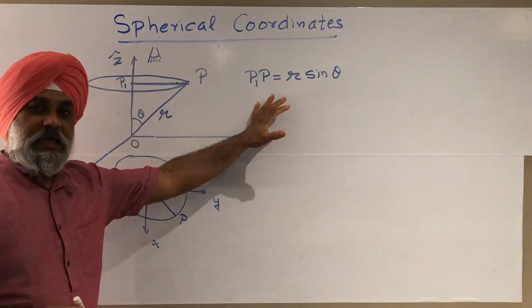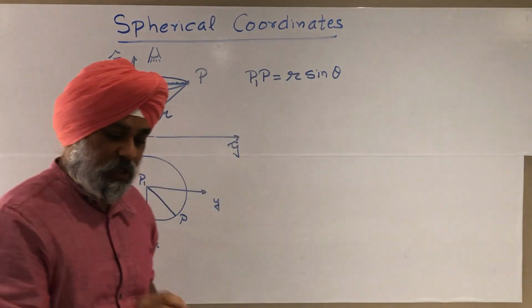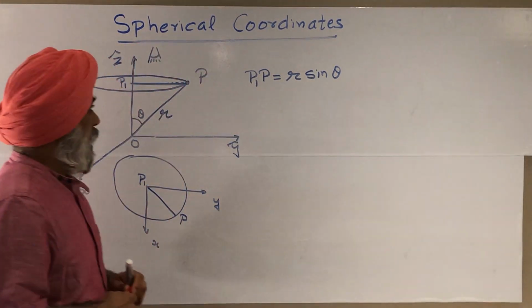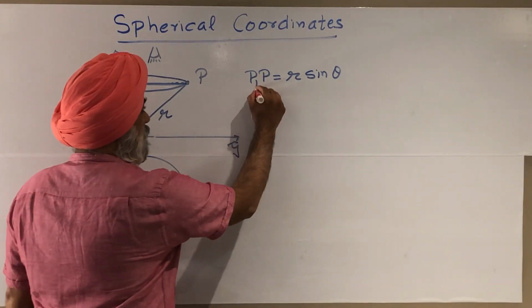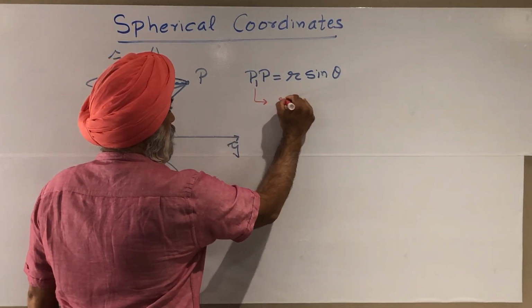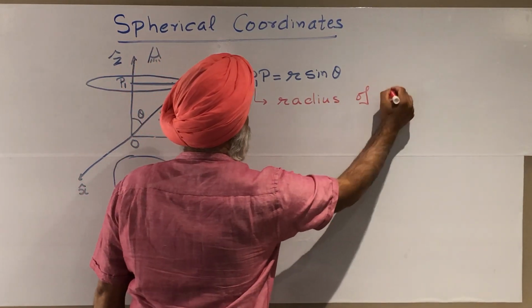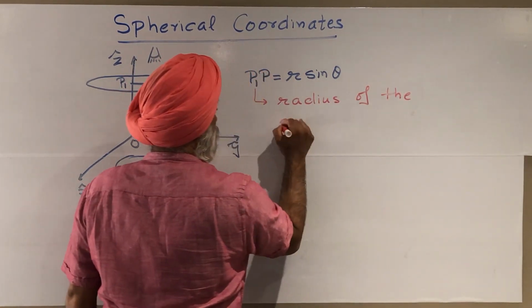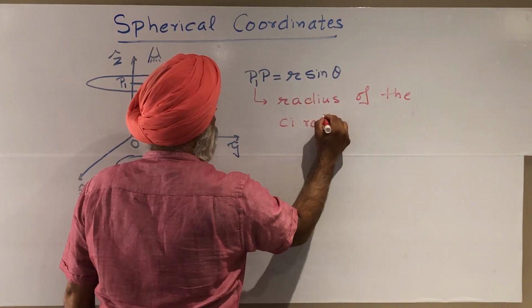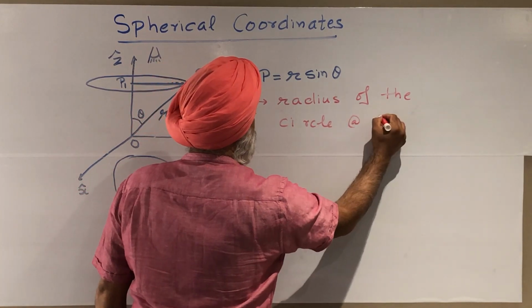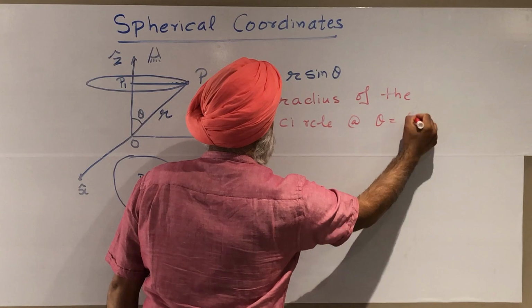Right? This is what P1P is. And what does this represent? This represents the radius of the circle you're making at theta is equal to theta.